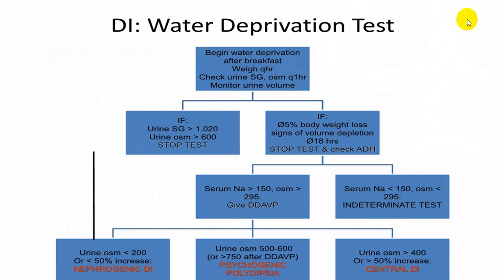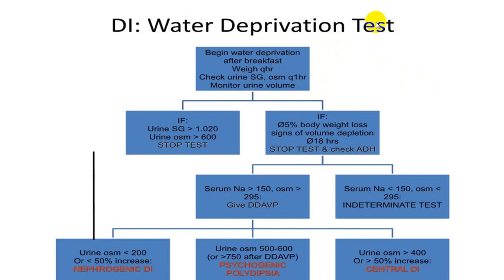In a water deprivation test, the person is asked to stop water for a minimum of 12 to 24 hours, depending upon the conditions. During that time, look at the weight, urine specific gravity, osmolality, urine volume, as well as plasma sodium and plasma osmolality.